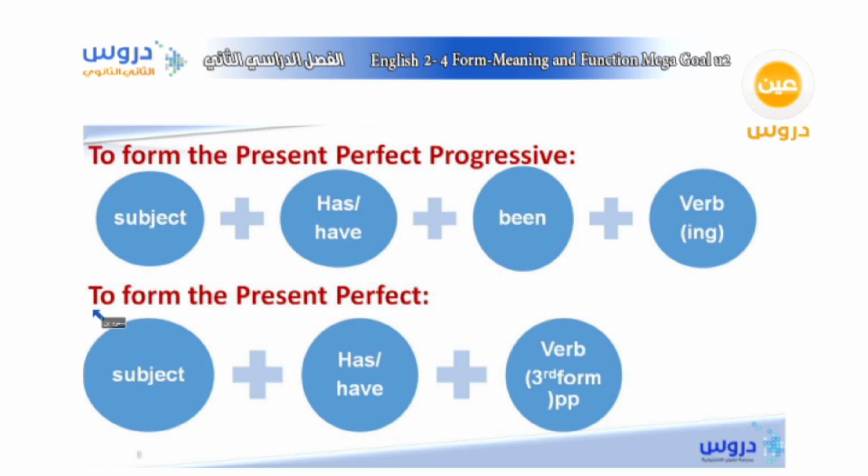Okay, the second one, to form the present perfect. How can we make a sentence in present perfect? We start with the subject: Ali, Ahmed, students, okay? After that we use has or have, according to the subject. We use has with singular, one person, but have with many persons. After that we use the verb, the third form, the past participle.